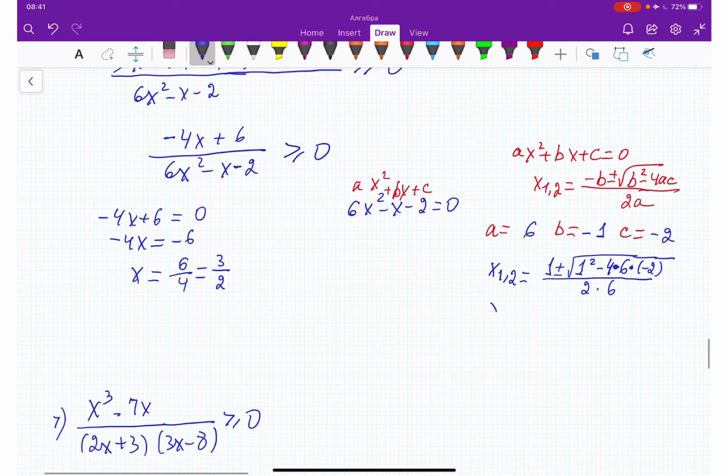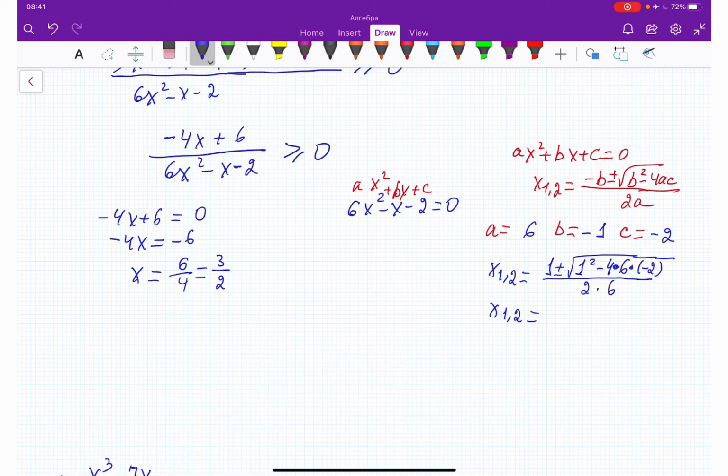From here, x1, 2 is equal 1 plus minus, how much? It's going to be 4 times 6 is 24 and 48. So 1 plus minus the square root of 49 over 12.